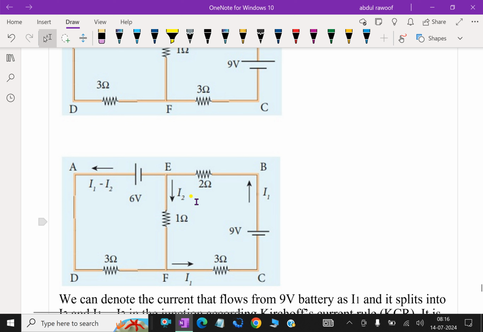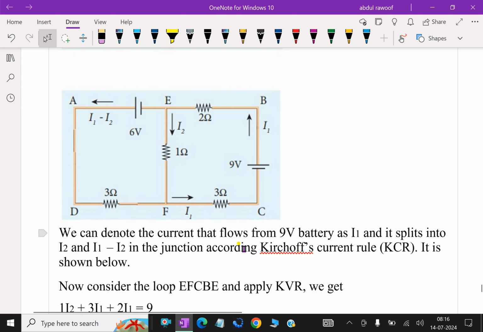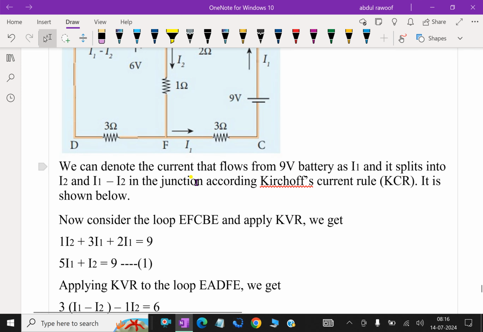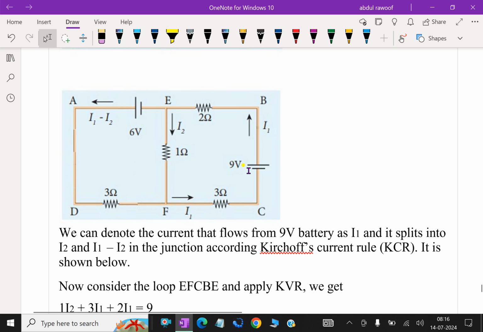First, we can denote the current that flows from the 9-volt battery as I1. It starts from here as I1 and splits into two currents, I2 and another current I1 minus I2.